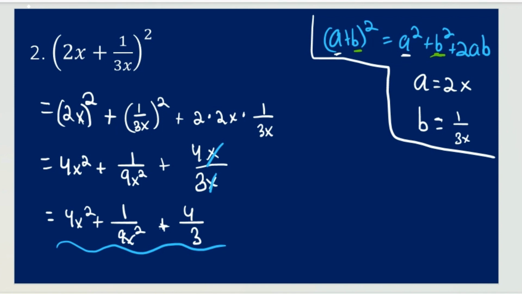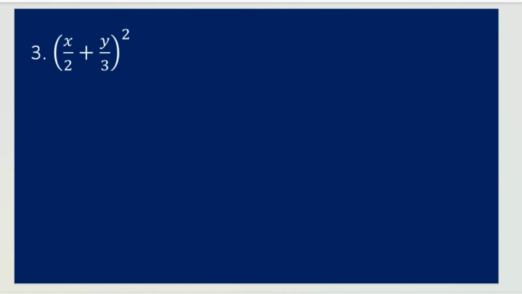Now let's move on to a bit harder question. Number 3: (x/2 + y/3) whole square. Okay. Now let's write the formula.